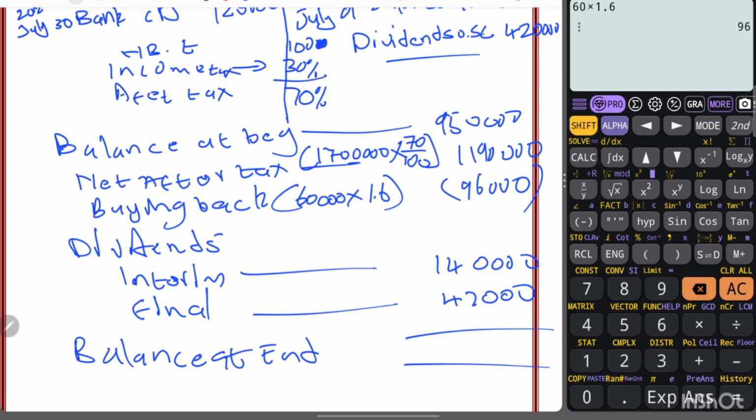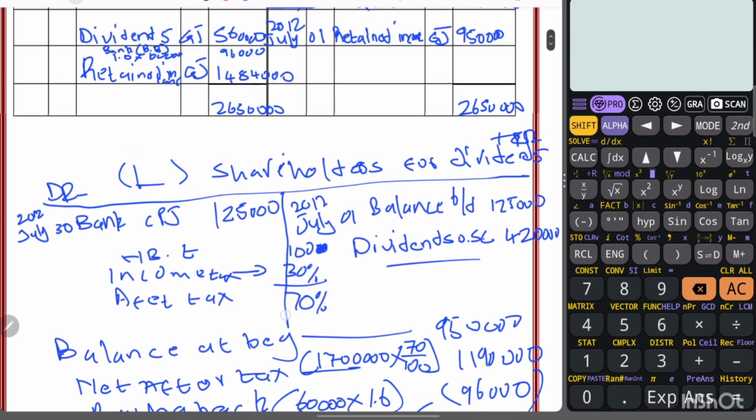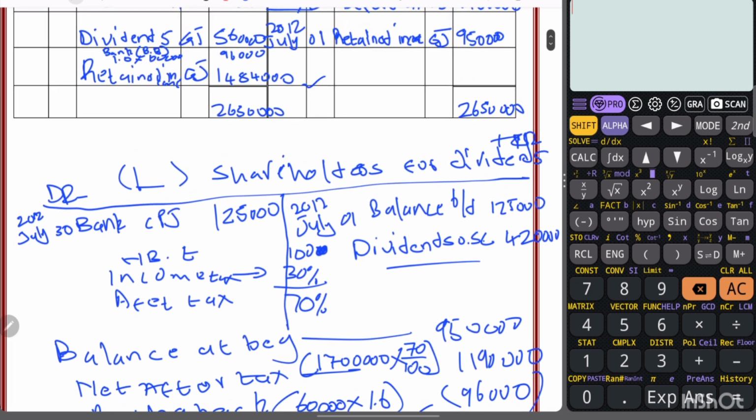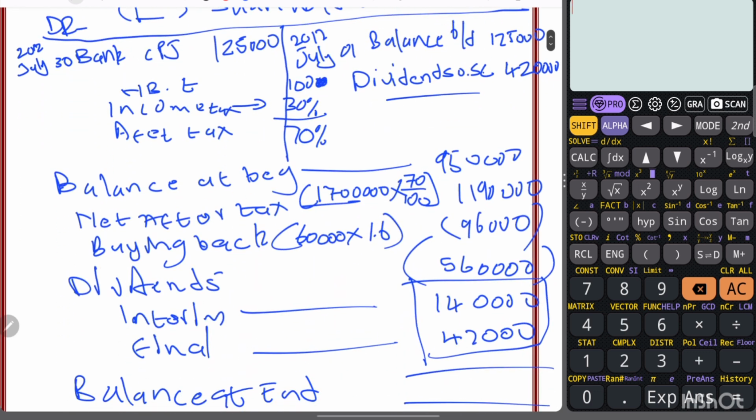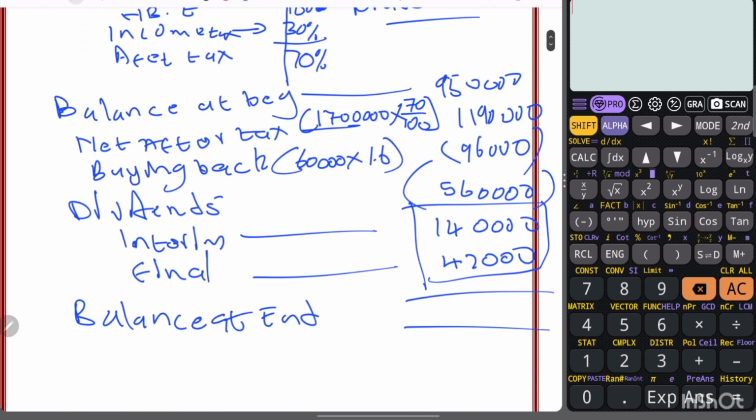It's minus this one because it's a buying back. You're going to add the 2. Remember when we added the 2, it gives us 560,000. It's the dividends we are paying. Money is going out. Then now remember when you are doing your calculation, you must get this amount as your return income balance at the end. Let's prove it now.